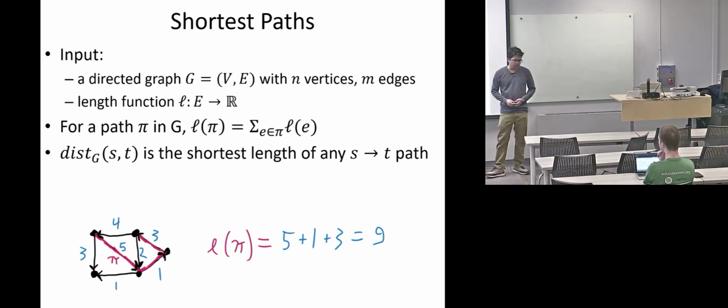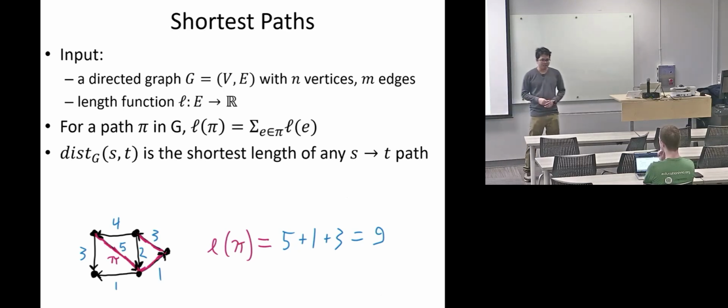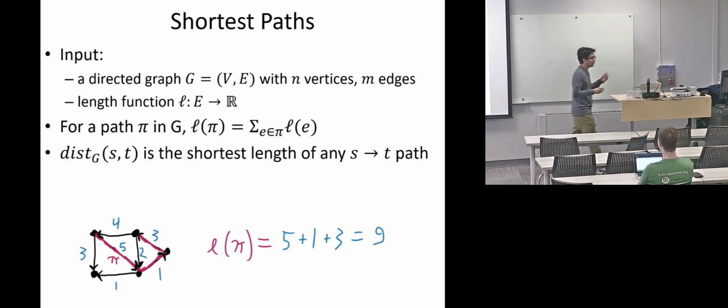You can actually show that if there is no negative cycle, then every edge will be used at most once in the path. There's no point in using one edge twice, because suppose this is a path and it actually reuses this edge.